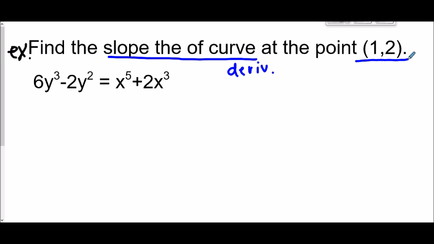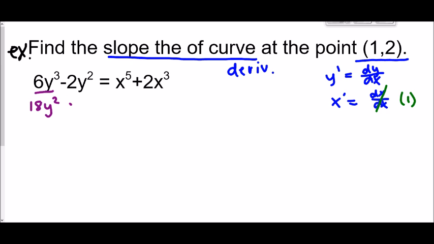Implicit differentiation means every time we take the derivative of y, we have to make sure that we write a dy/dx. For the derivative of x, that's just dx/dx. So technically, you do not have to write this every time because it's just going to turn into a times 1.